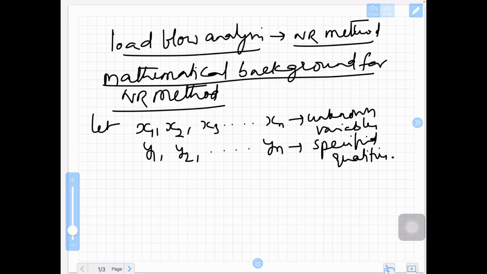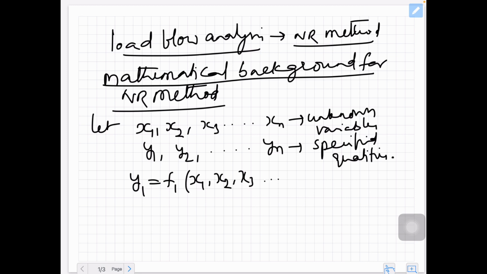So now we will be expressing the specified quantities as a nonlinear function of unknown variables. That means the specified quantity y1 is expressed as a function f1 of the unknown variables x1, x2 etc. up to xn.